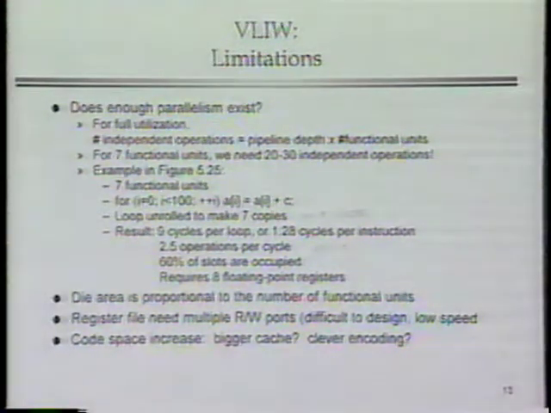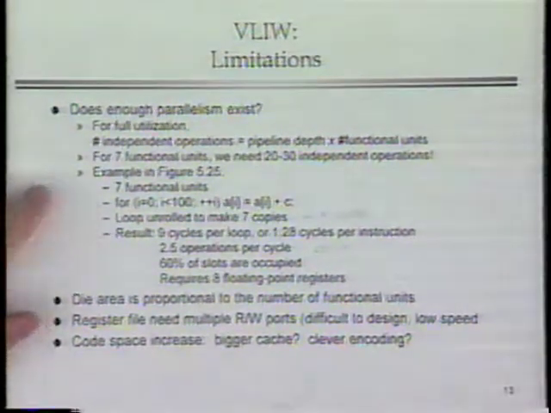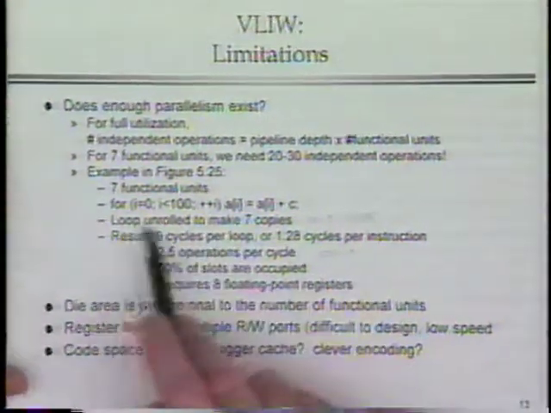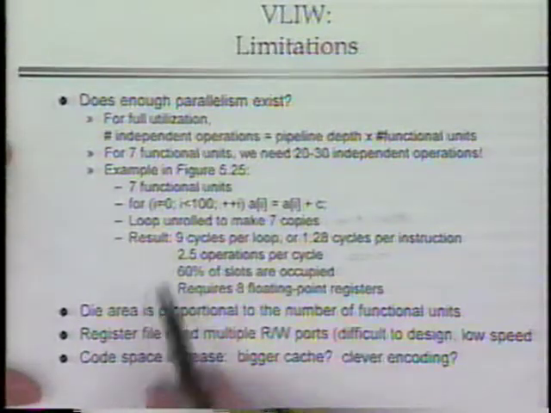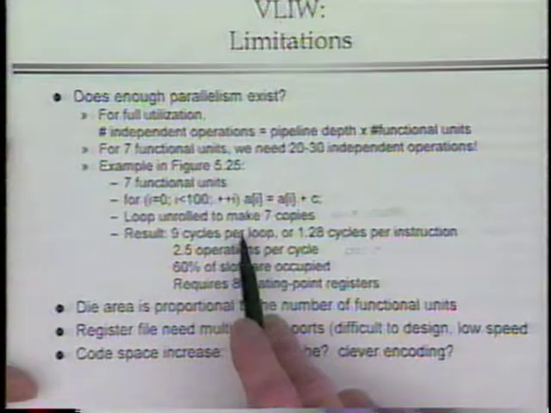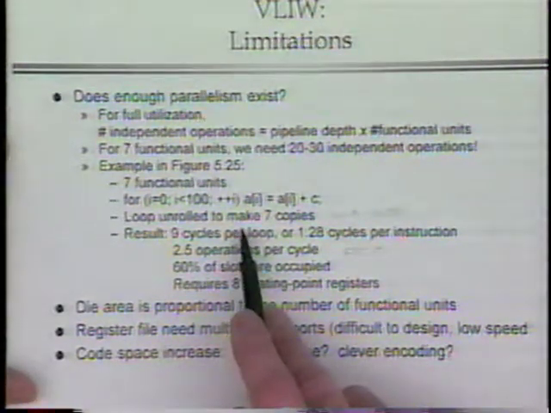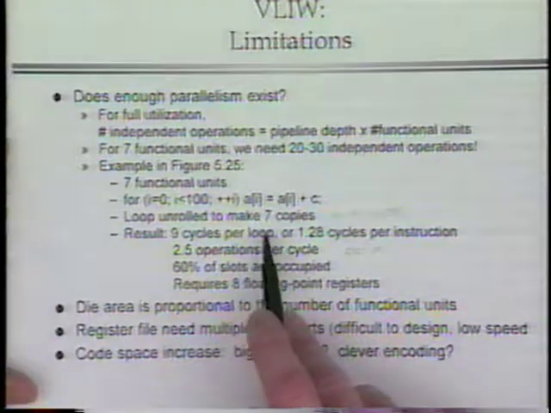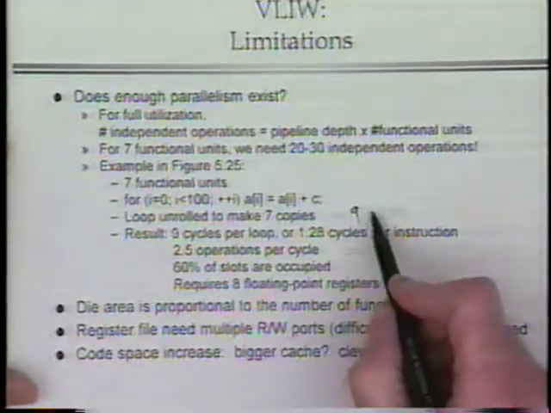The book goes through an example of one of the simple loops for a machine that has 7 functional units, and it tries to execute this loop that adds a constant to a vector. And in fact, in order to get maximum throughput, it unrolls the loop enough to make 7 independent copies of the loop in 9 instructions.